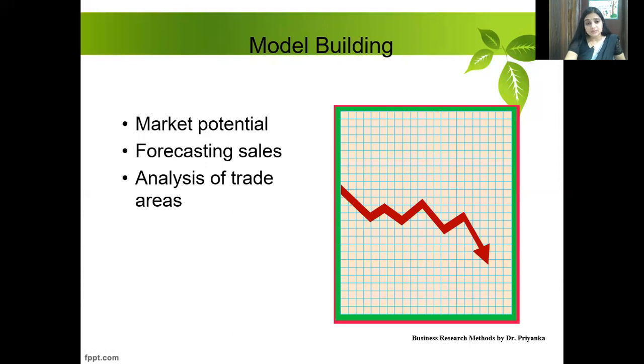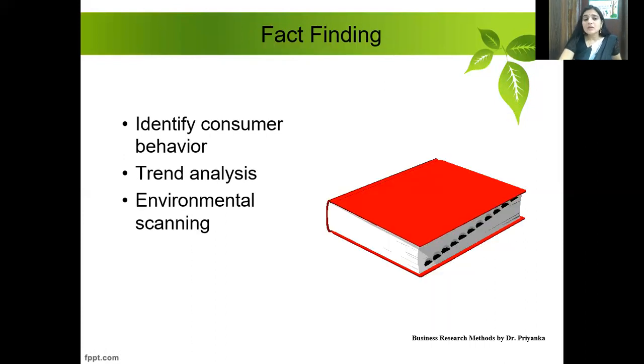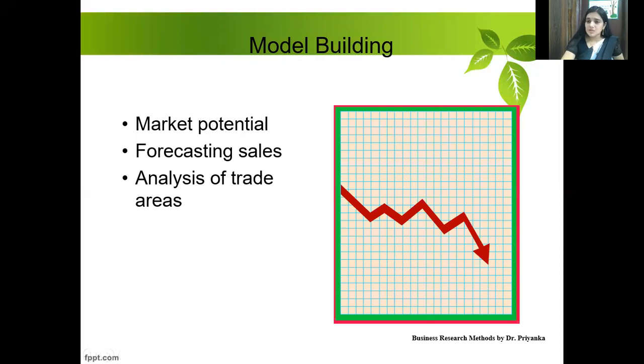Then model building. Model building basically is to check market potential of products or to forecast sales, like we just did in trend analysis. Trend analysis basically is to check the trend. On the basis of this, sometimes we forecast the sales. On the basis of the previous trend of sales, you can forecast the sales of next year and the upcoming years as well.